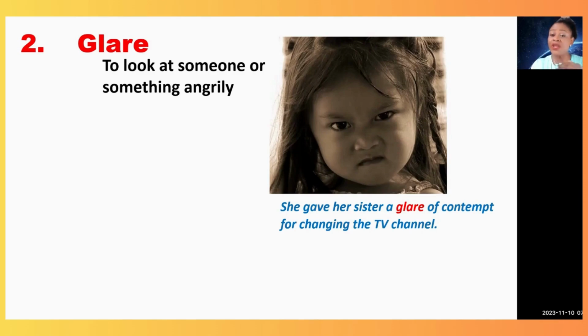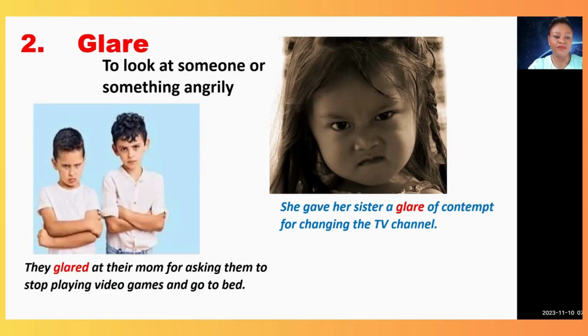That means when somebody does something to you that you don't like, you give that person a glare. They glared at their mom for asking them to stop playing video games and go to bed. Just imagine when a child is enjoying a game and you say, stop playing that game, it's time for bed, and you take away the phone or the game that the child was playing. Most often, the child will give you a glare, like the angry look.